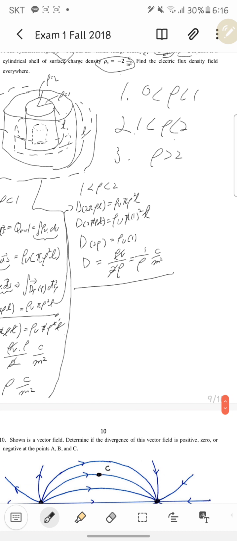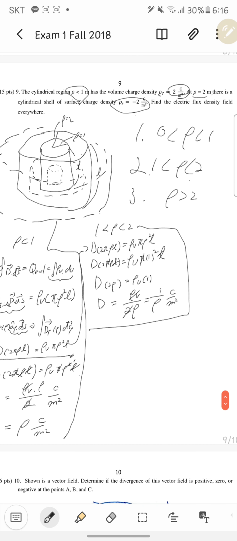The last case, when rho is bigger than 2, we need to consider 2 components, because there's already a charge inside of that boundary, this one. And we also have a surface charge density when rho equals 2, right here.